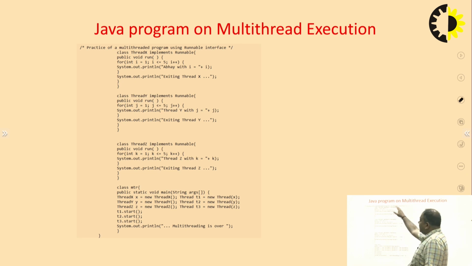The first thread is thread X, next is thread Y, and the third thread is thread Z. We started the threads with T1.start, T2.start and T3.start, and when all these threads have executed, it will display a message that multi-threading is over.